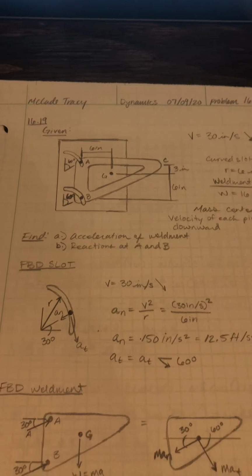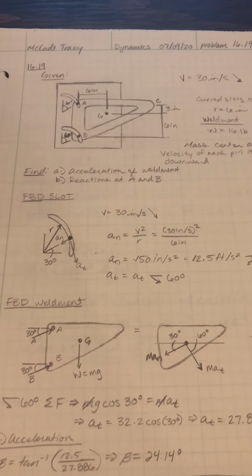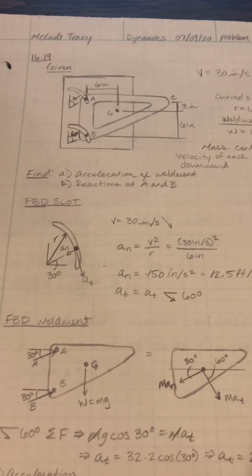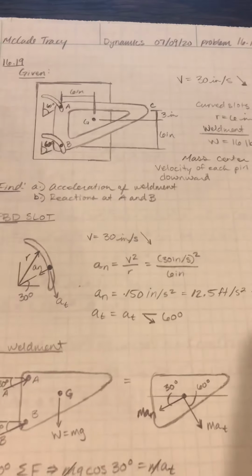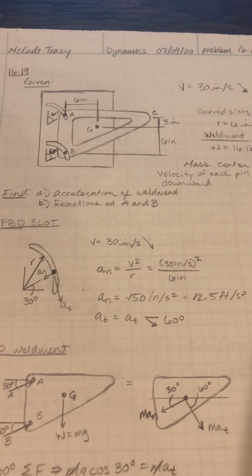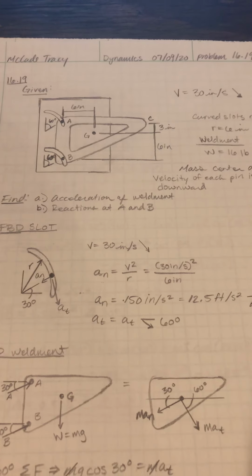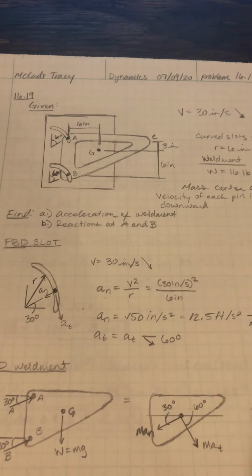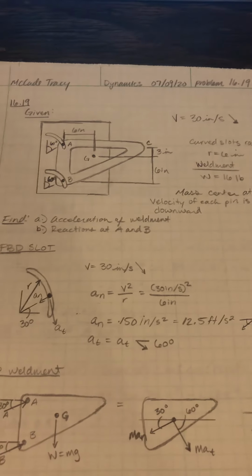So in this one, we needed to use two different free body diagrams. First of the slots, and as it is moving in a circular-like motion, we can use the acceleration in the normal and the acceleration in the tangential coefficients here. Or coefficients is probably the wrong word.